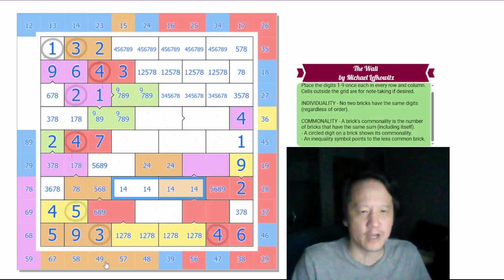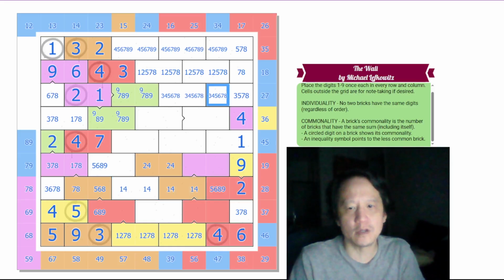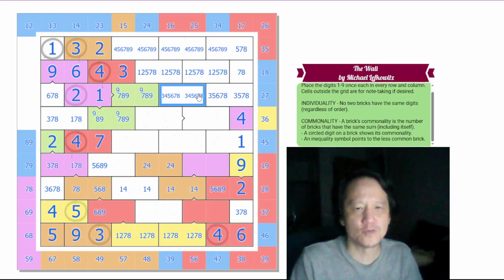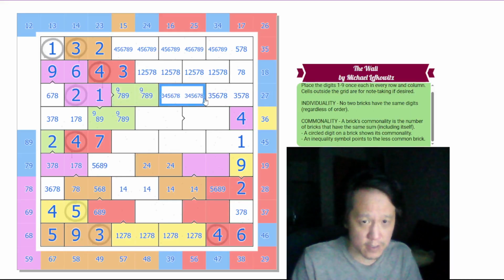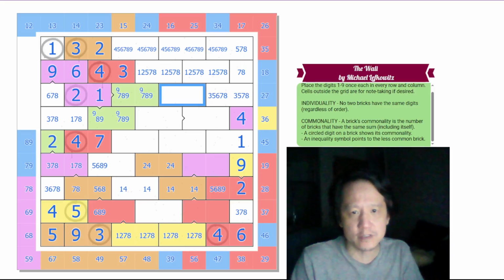We have 4 9 and 4 8. Well, okay. 4 cannot be here. What is this for? It cannot be 4 9 because one of these has to be 9 guaranteed. So this has to be the 4 8. Because of that, this has to be 4 8 and is orange. That takes care of that.